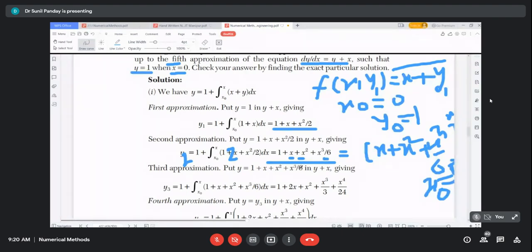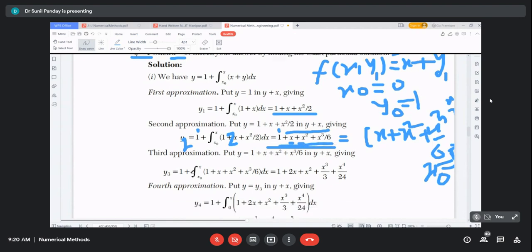When you substitute x, you will get these terms, x square and x cube by 6, and when you substitute x equals 0, you will get 0. So you have this as your y2.